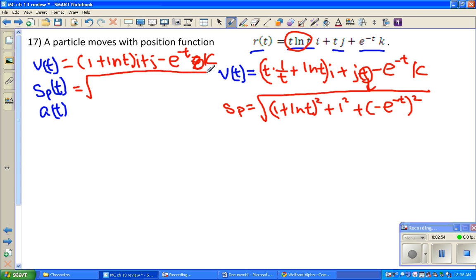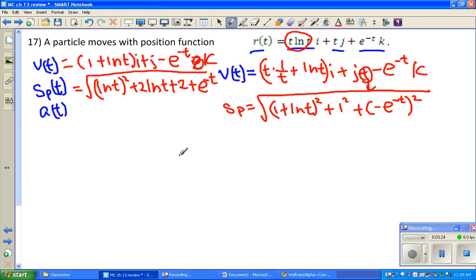Square root of ln of t squared from here, plus 2 ln of t, plus we have 1 here and then another 1, which gives us 2, and at the end this negative sign will be cancelled out by the square, as plus e to the negative 2t. That is the speed.